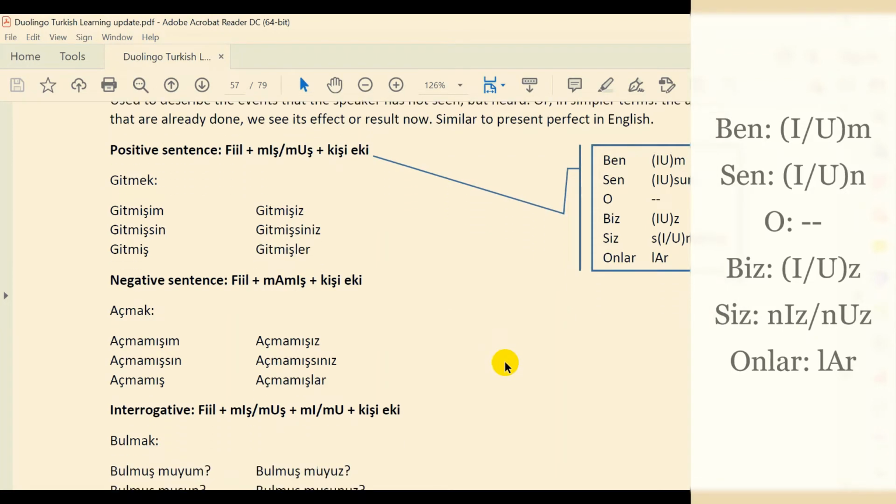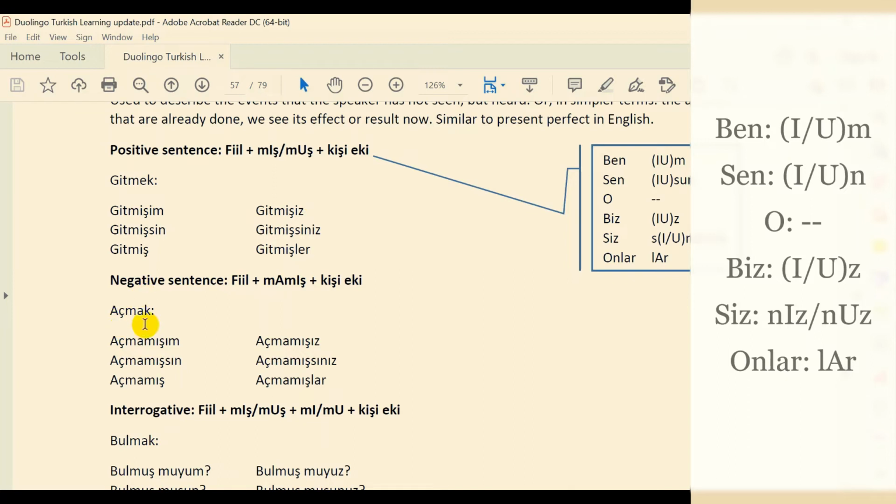Negative sentence. Generally speaking, before adding the tense suffix, you add the letters ma or me, and the remaining parts are the same.